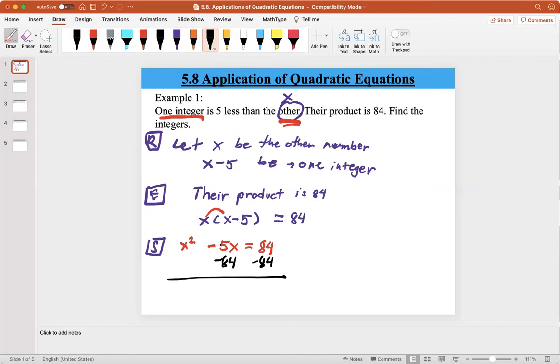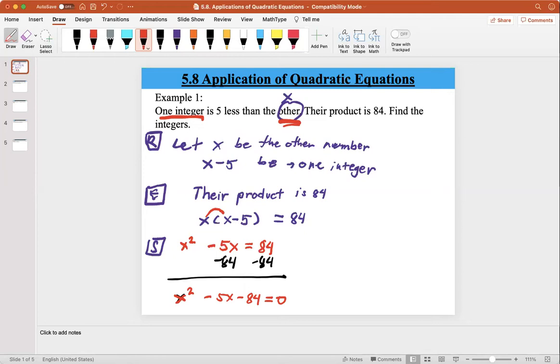And so now we have x squared minus 5x minus 84 equals 0. And now it's quadratic, but let's see, can we factor x squared minus 5x minus 84 equals 0?